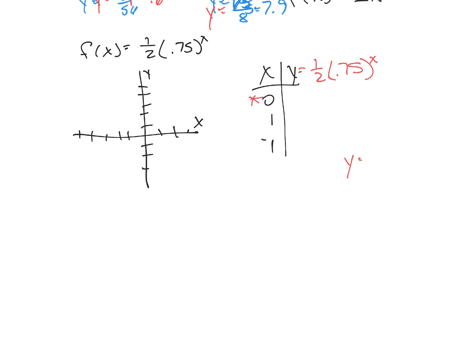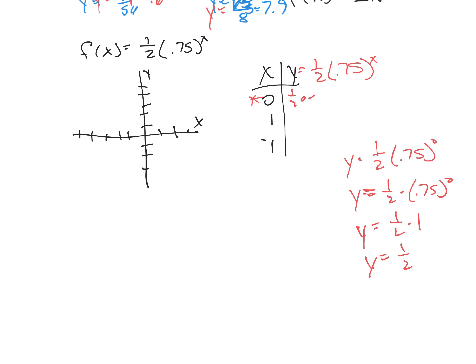We're going to keep doing that same thing over, and so it becomes 0. So it's 1/2 times 0.75 to the power of 0, which becomes 1. That should be equal to 1/2 times 1, so y equals 1/2, or 0.5, right? So 0.5.